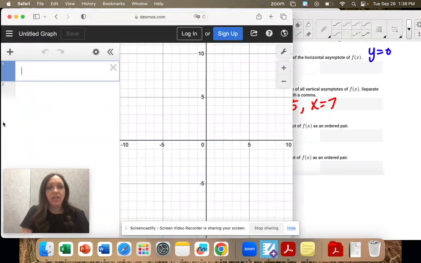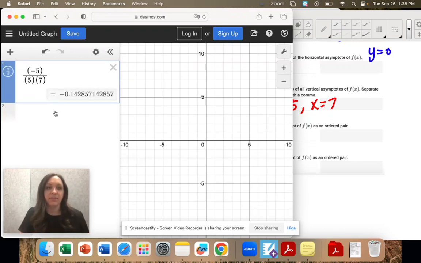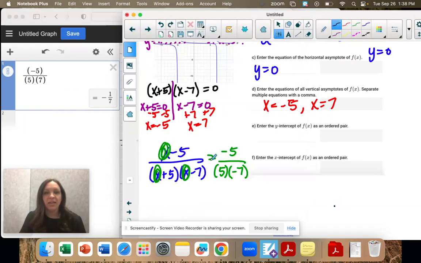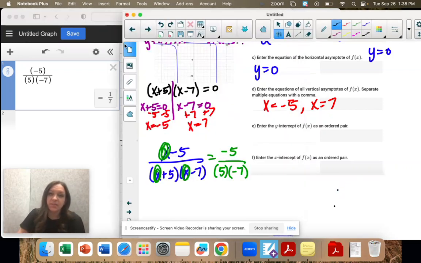I just want to remind you, if you're not good at that, use your calculator. Okay, so 5 times 7. So it ends up being negative, oh, it was -7. I was going to say, I think it's positive. Positive 1/7. Okay, so positive 1/7 when x equals 0.